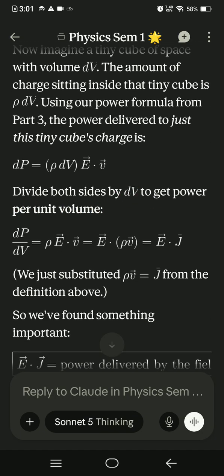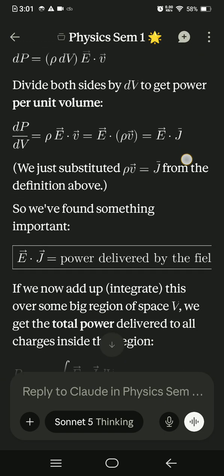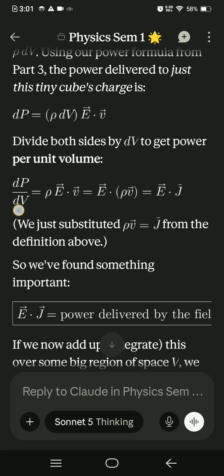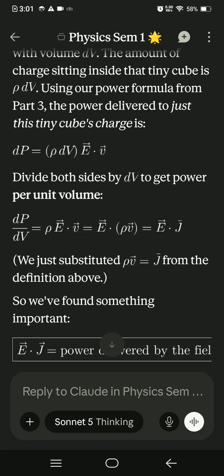Divide both sides by dV to get power per unit volume. So dV cancels out.